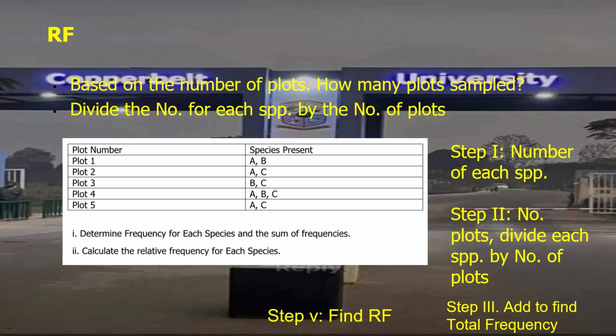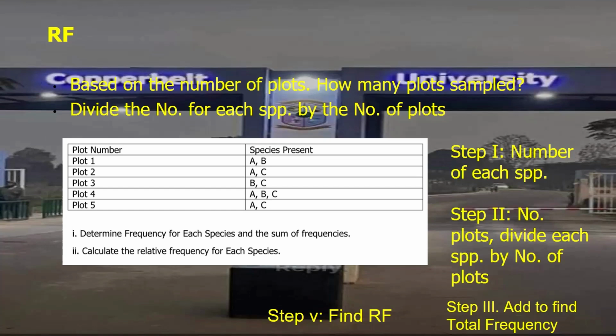Okay. Now a question is, determine the frequency for each species and the sum of species. That was the question I asked. And then the second question is, calculate the relative frequency for each species. So the ultimate goal of this question is for you to evaluate parameter number 1 of those 3 parameters under the important value index.